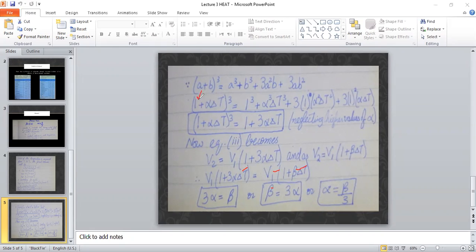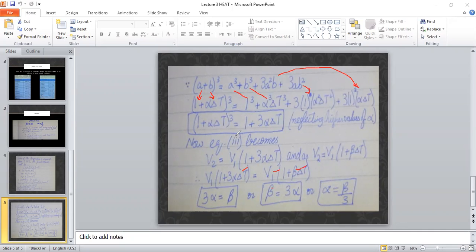Here, A is 1, B is alpha delta T. If we solve it, we'll find A cube as 1 cube, B cube as alpha cube delta T cube, 3AB square here, and 3A square B is here, right? You must keep it in a particular sequence, or I have made a mistake here, but that's not a big issue.